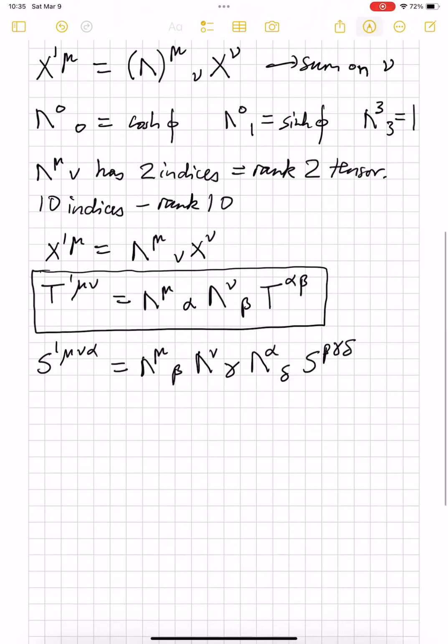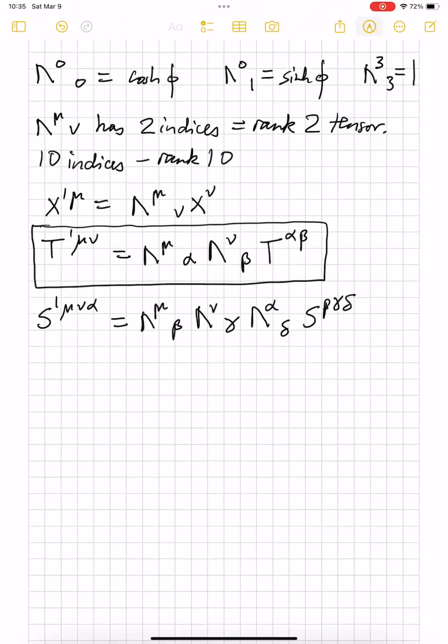So we haven't said yet how lower indices transform, covariant indices. So let's state the rule for covariant indices. To do that, we need to introduce something called the Minkowski metric. The Minkowski metric is a rank 2 contravariant tensor, eta mu nu.